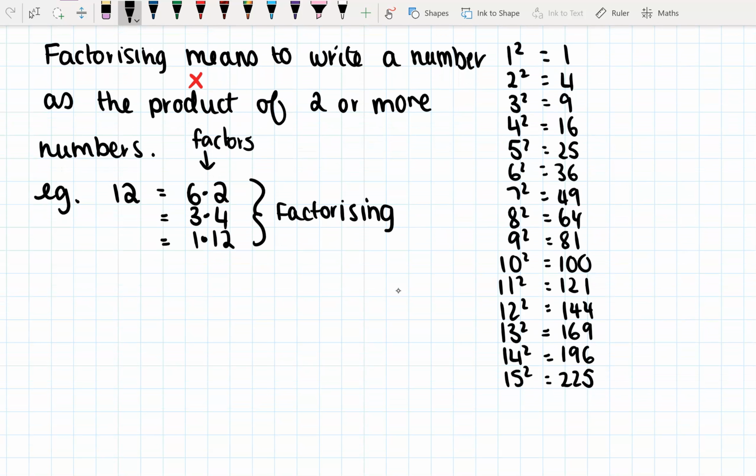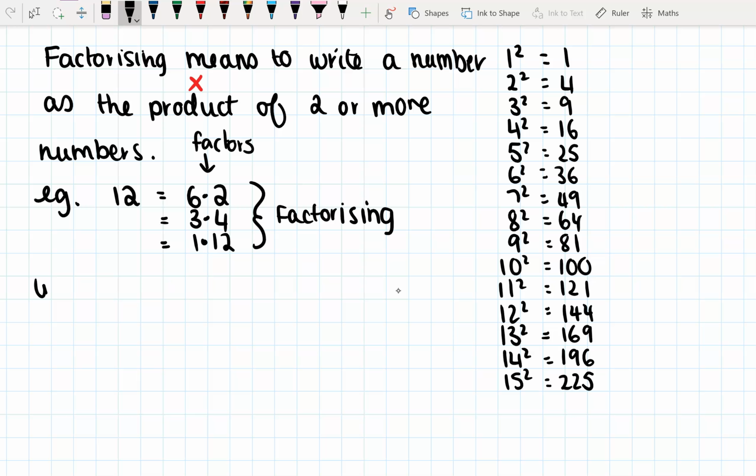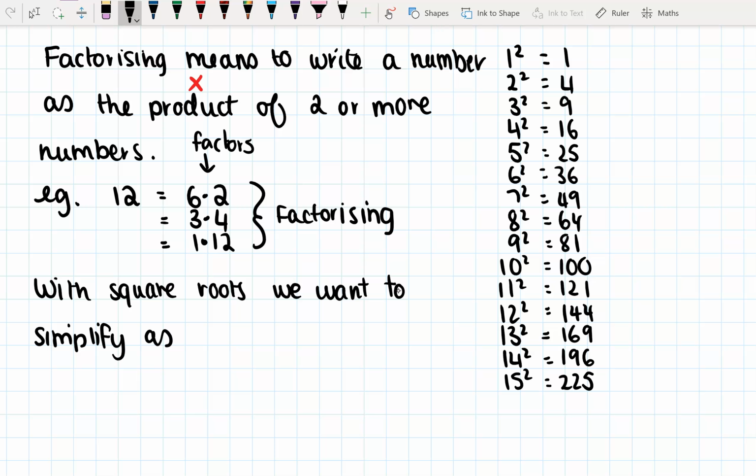Okay, now with square roots, we want to simplify them as much as possible. So with square roots, we want to simplify as much as possible.